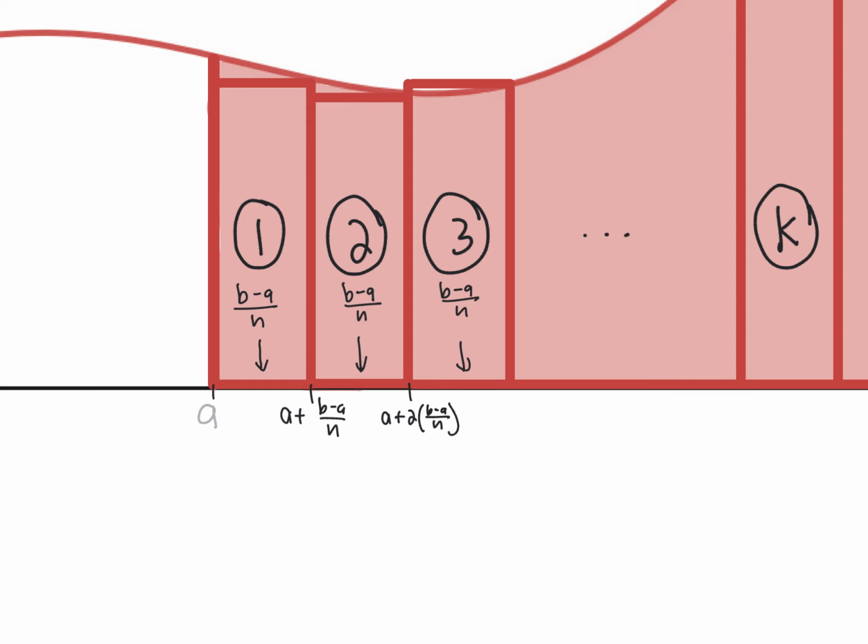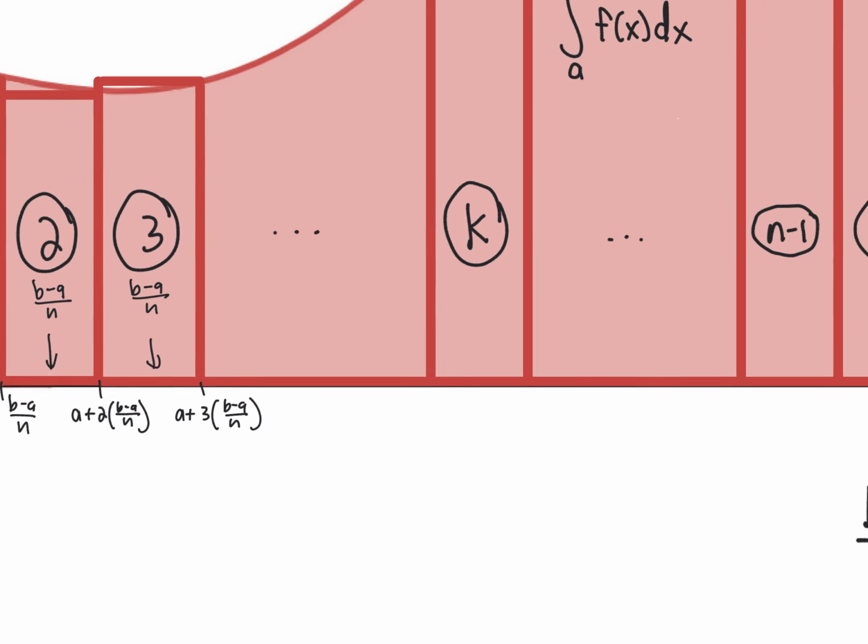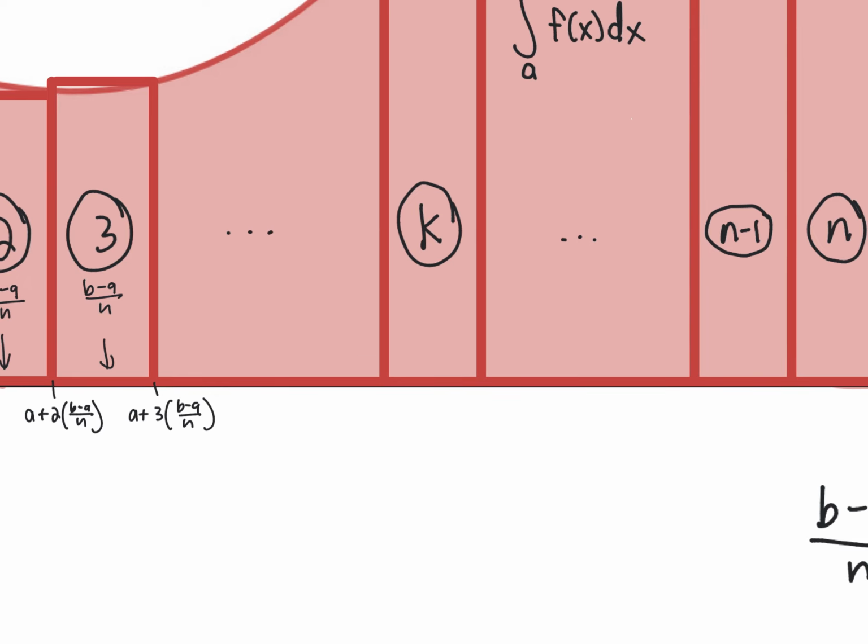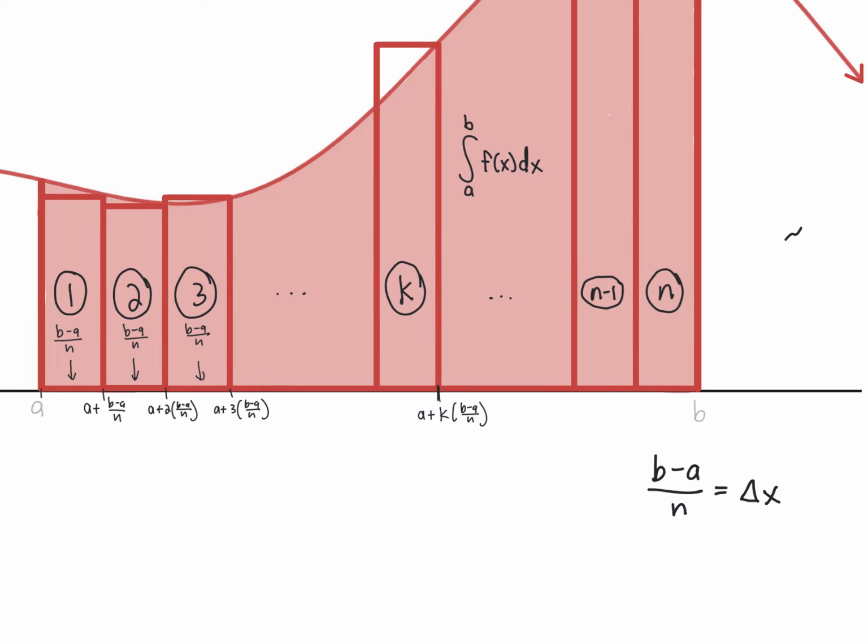Same idea, the next one is a plus 3 times b minus a over n. If we keep going, dot, dot, dot, to the kth rectangle, we add a plus k times b minus a over n. That gives us the x value on the right hand side.